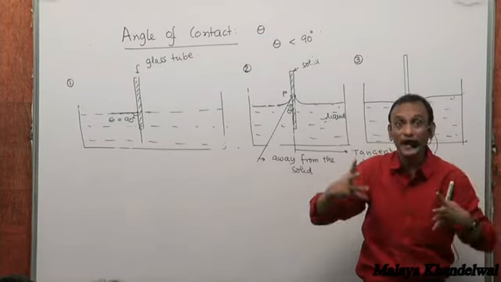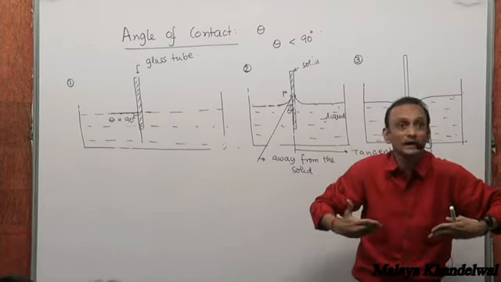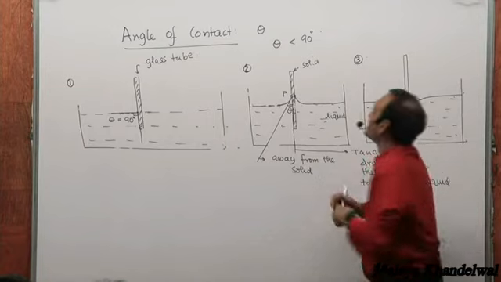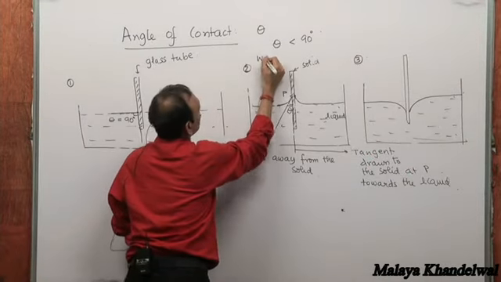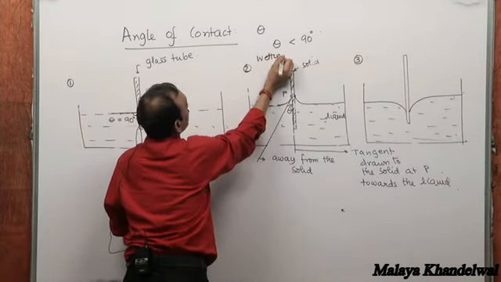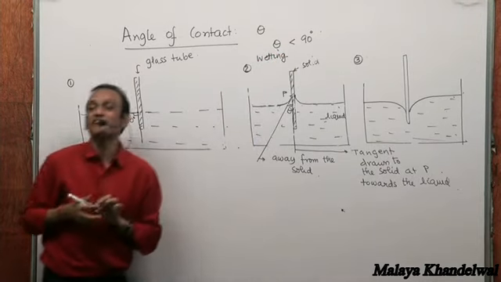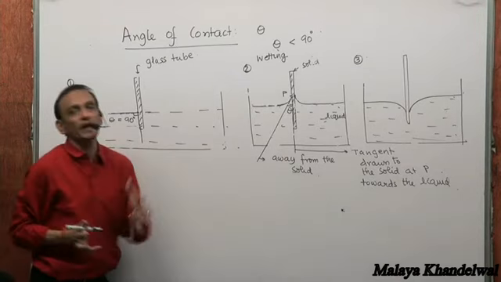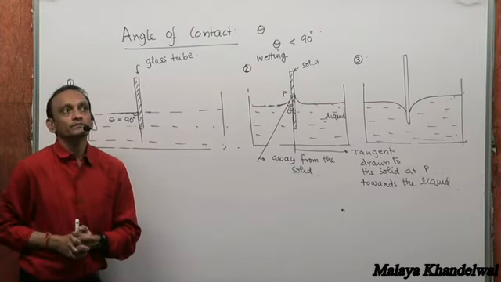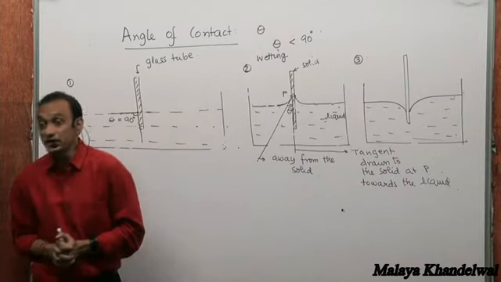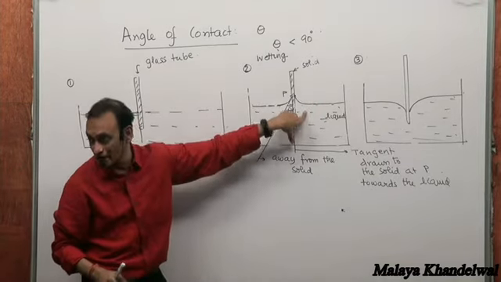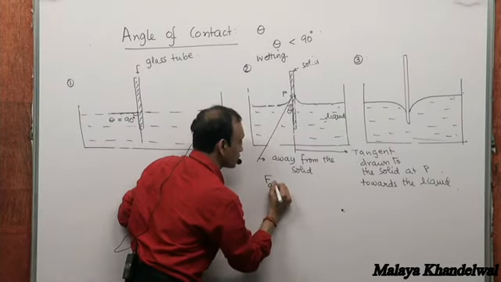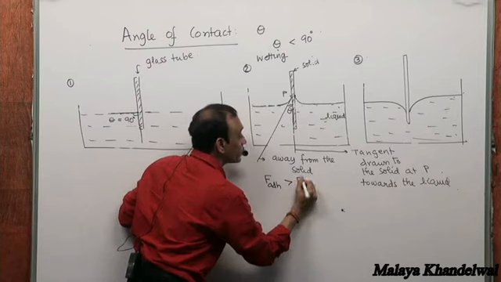Yes or no? And we say that the liquid has wetted the surface. This is wetting of the solid. It's as if the liquid has wetted the surface, right? This is a case where the adhesive forces between the liquid and the solid are more than the cohesive forces.